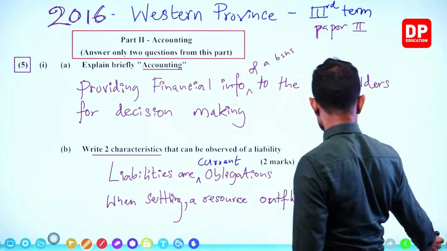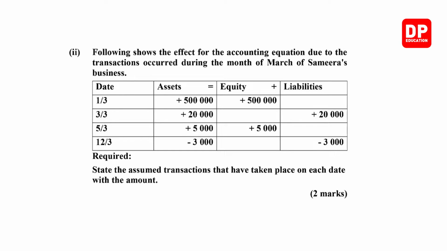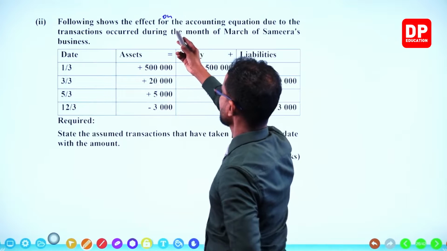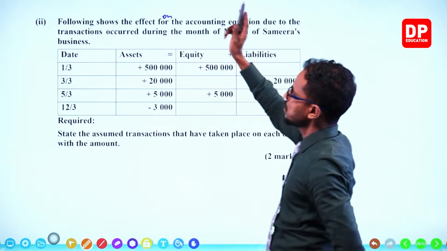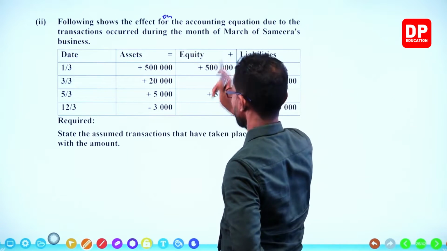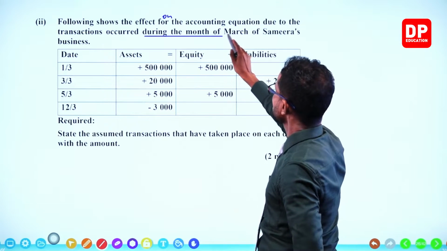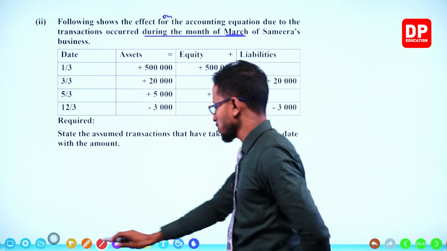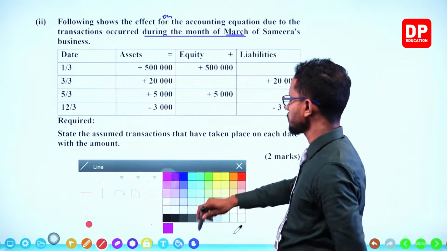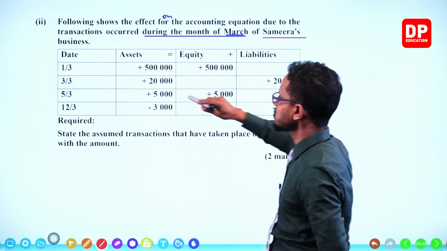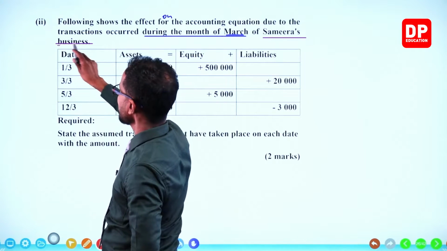Next question. The following shows the effect on the accounting equation due to the transactions occurred during the month of March. Samira's business. This Samira is the owner.